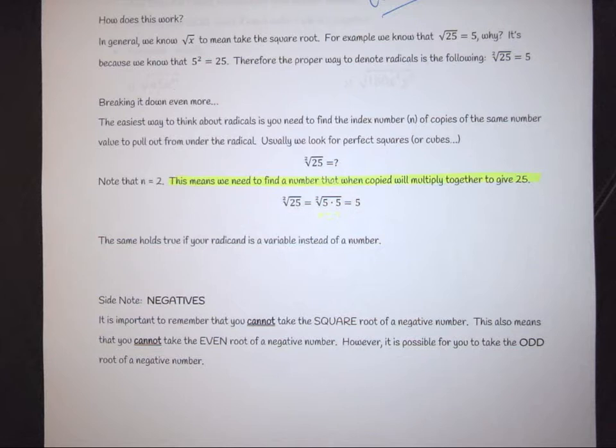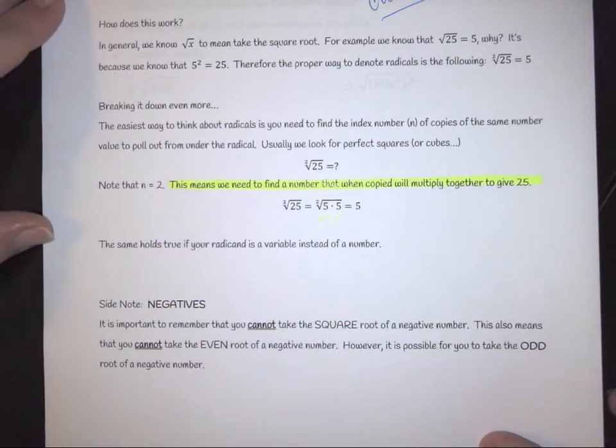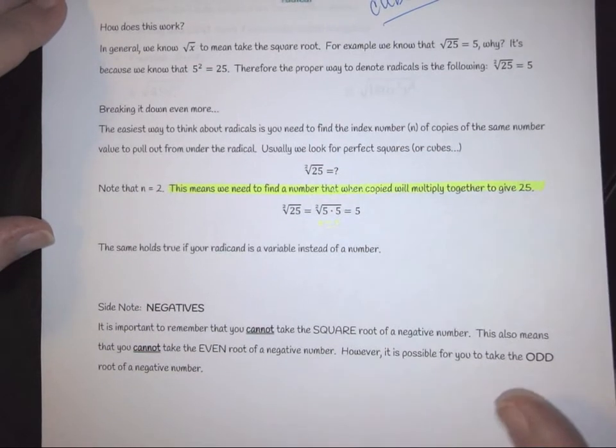That rule says, if your index is even, then you cannot take the radical of a negative number. However, if your index is odd, then you can evaluate a radical of a negative number. Okay, so that is the basic principle or rule we have to follow.